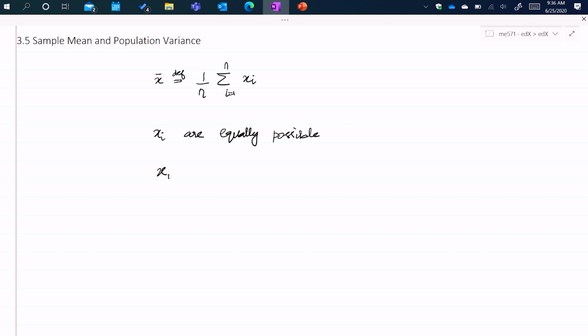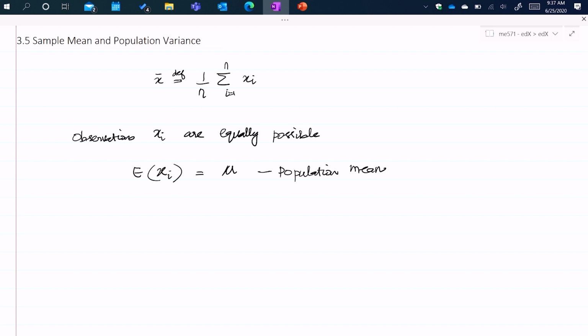And the other thing that we're going to say is all these observations xi have expected value of xi, we're going to say is mu, which is the population mean. Now, the observations vary, but the expected value of that observation is the population mean.